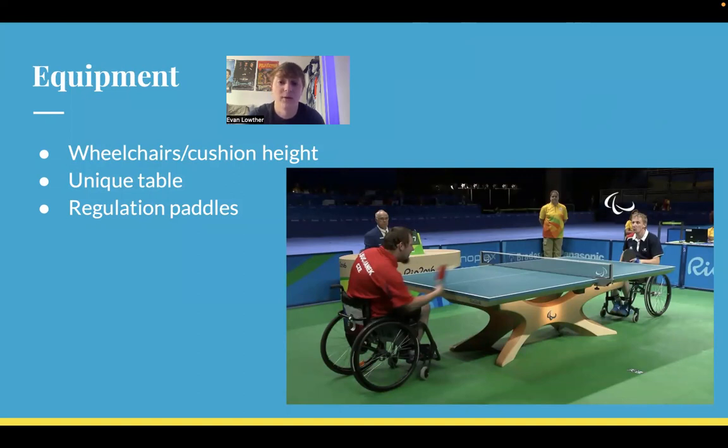As opposed to a regular table tennis table with legs on all four sides, the Paralympic table has a base in the middle with legs edging out so that the wheelchairs can move in and out of the table as close or as far away as they want to. Everything else is regulation: paddles, net, everything else is the same size.